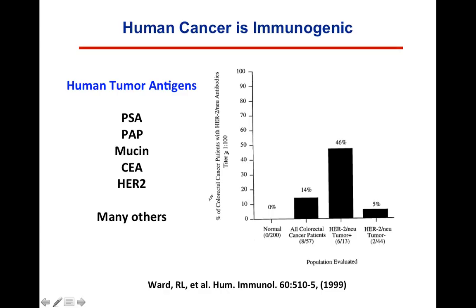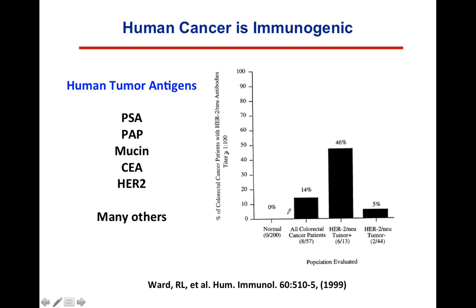And if you look here, this graph is interesting because this is the percent of colorectal patients with antibodies to an antigen called HER2/neu. So these are patients that have developed antibodies to this antigen that's particularly associated with colon cancer, as well as breast cancer.